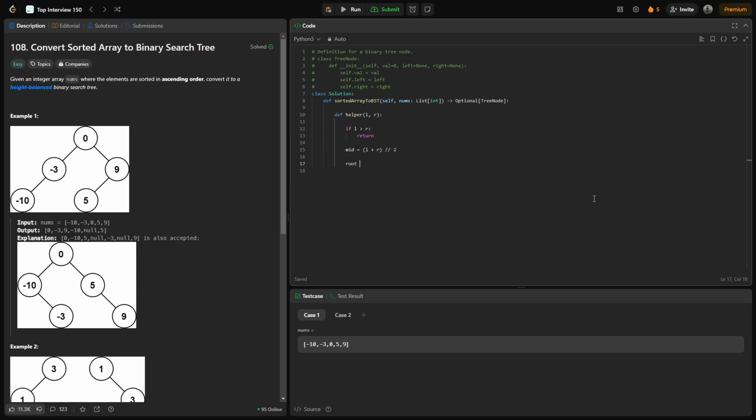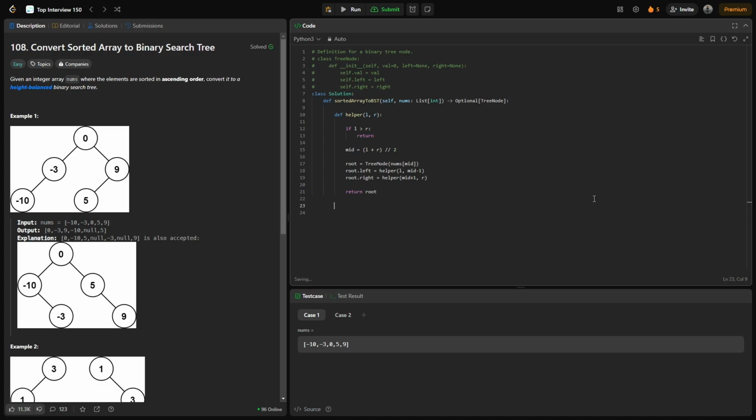And here I can say root equal to TreeNode to create my binary tree, nums of mid, and root dot left is going to be helper L comma mid minus 1, and root dot right equal to helper mid plus 1 and R. And at last I can return my root.